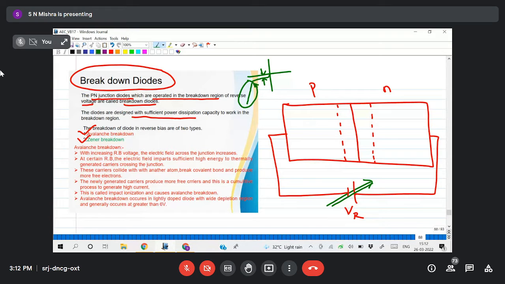That means holes cannot flow from P to N, and electrons cannot flow from N to P. But the generated electric field can easily move the electrons and holes present on the P and N sides as minority carriers. So holes easily flow to this side, and electrons easily flow to this side. That's why we get current in the opposite direction.